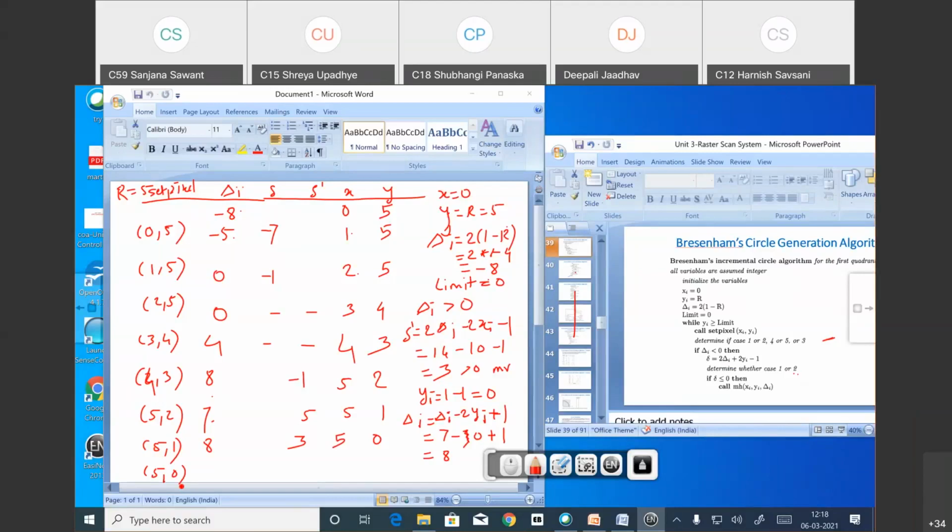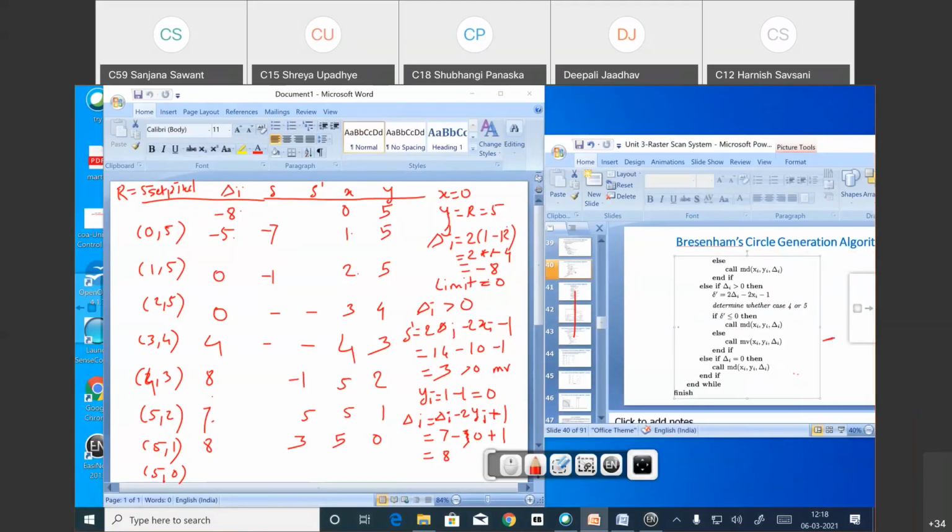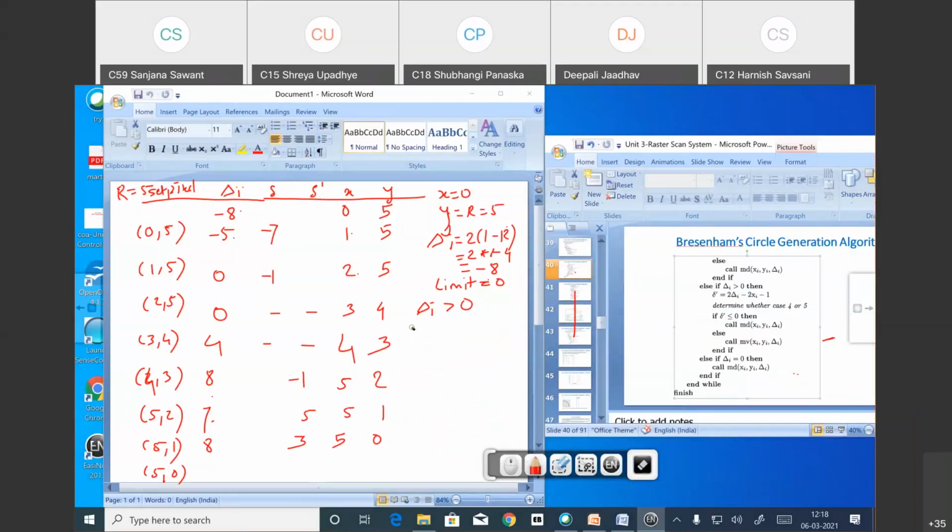So if it is positive, then go for this one. Calculate delta dash again. Delta dash is equal to 2 delta I minus 2xi minus 1.